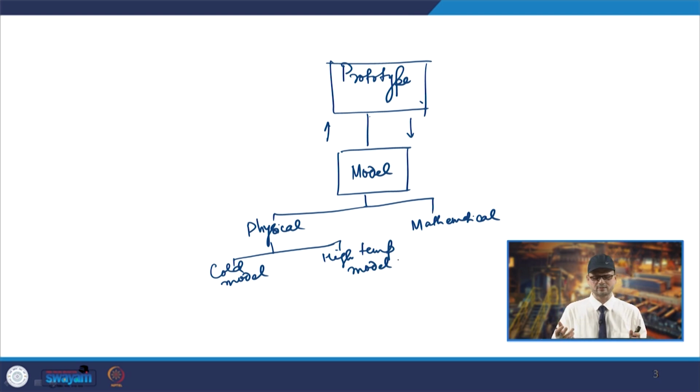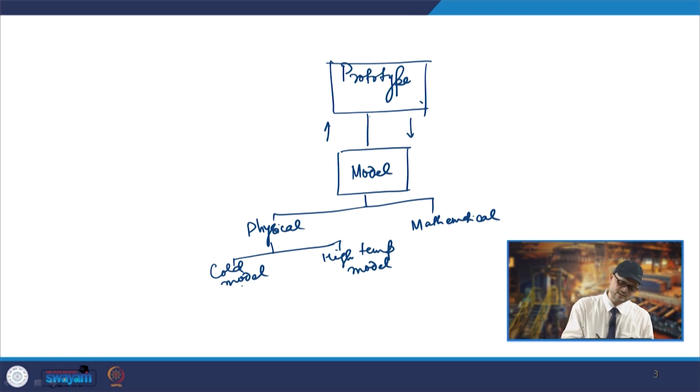So that way you can go for the cold model, which means the working fluid will be at room temperature. Because it is very difficult many a times to work with the actual working fluid, whose temperature is more than 1500 degrees centigrade.